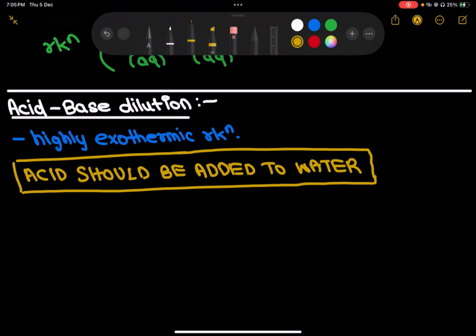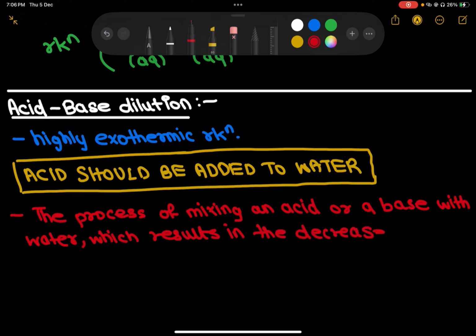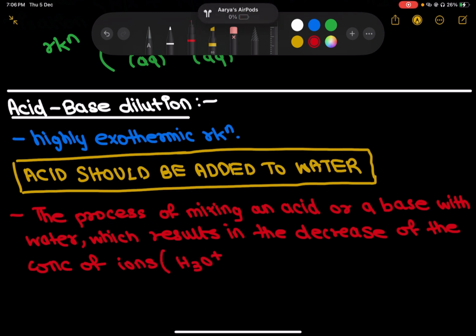Now I'll give you the proper definition. Dilution is the process of mixing an acid or a base with water, which results in the decrease of the concentration of ions, either H3O plus or OH minus, per unit volume.